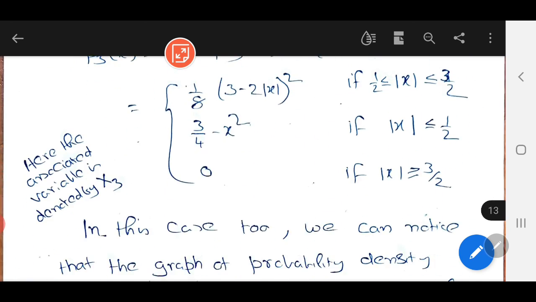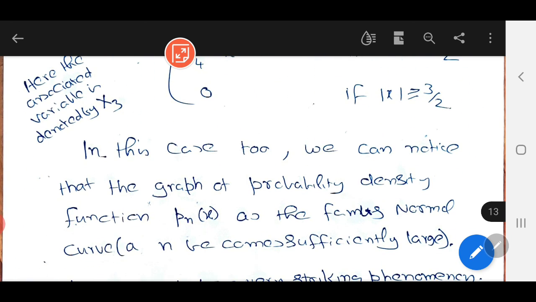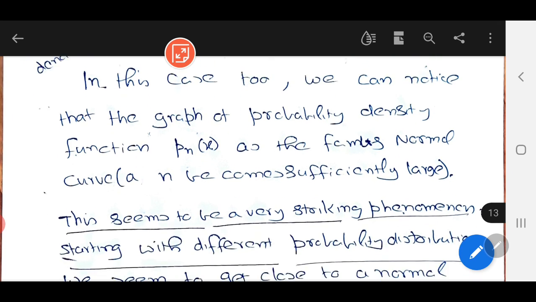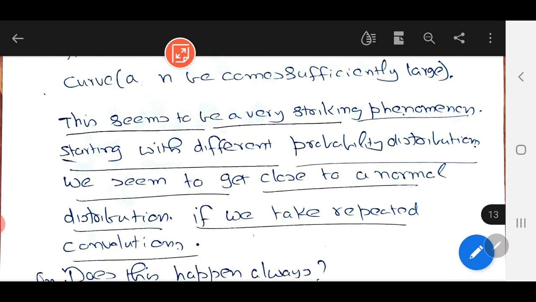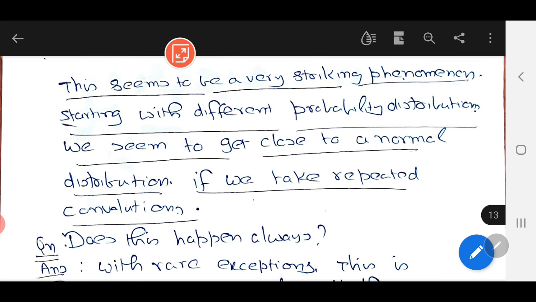Okay. So the conclusion is that this seems to be a very striking phenomenon: starting with different probability distributions, we seem to get close to a normal distribution if we take repeated convolutions. That is very, very important.